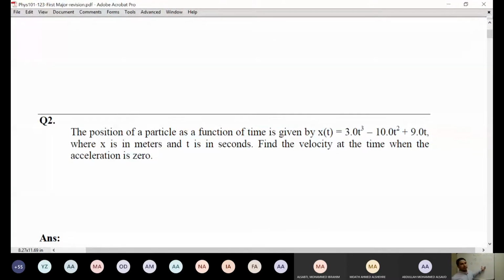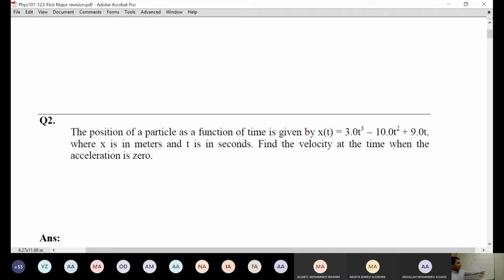So if you read the statement, they say find the velocity at the time when the acceleration is 0. So here we determine the acceleration and we make it 0, because that's where we want to determine the velocity. When we make it 0 and solve for t, it is going to be 20 divided by 18 seconds, because the unit of t is already seconds in the problem.